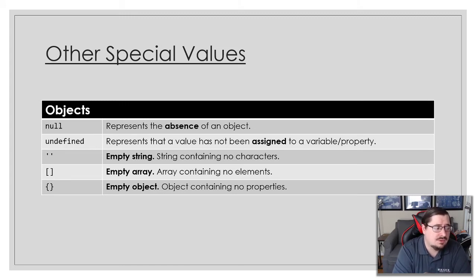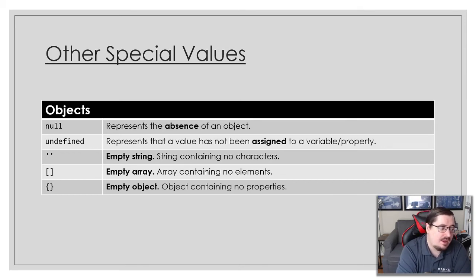Other special values that you might run into. We've talked at least about one of these here. We do have the concept of null in JavaScript, and that represents the absence of an object or the absence of an array. That means that the value of the thing is that there isn't a thing there, that thing doesn't exist.